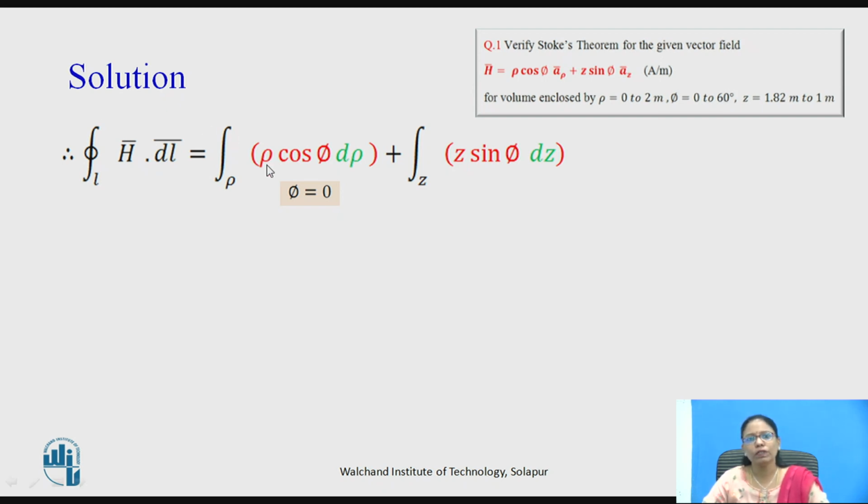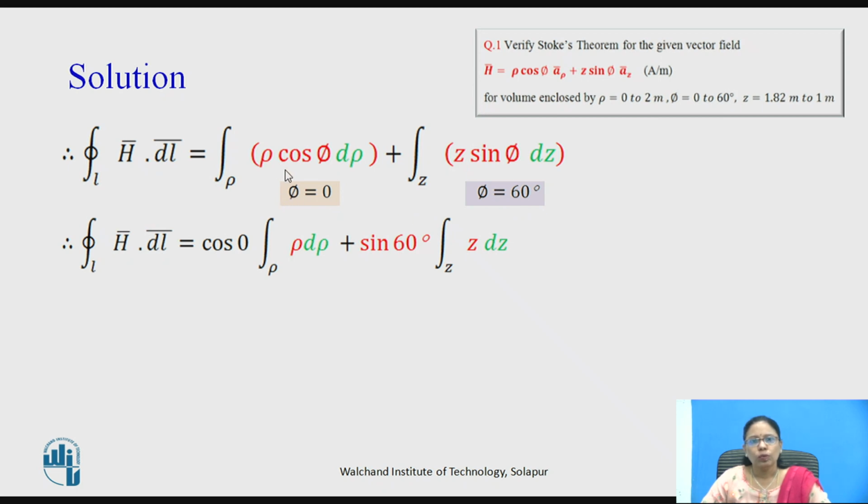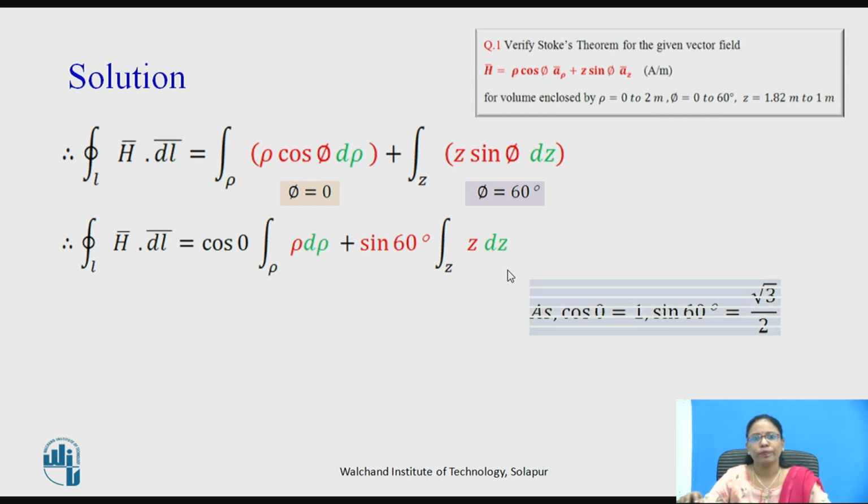So when I am integrating with respect to rho, phi is at the lower limit value, given in the question as 0. And when I am integrating with respect to z, phi has already changed to the upper limit, phi equal to 60 degrees. So here I can put it as cos 0 rho d rho plus sin 60 degrees z dz.